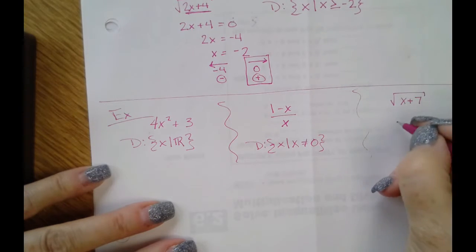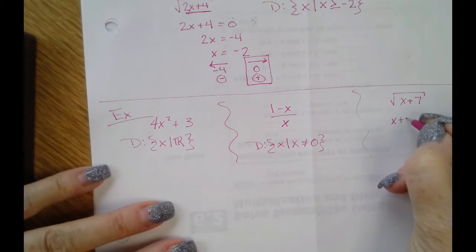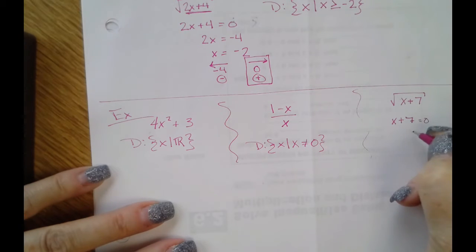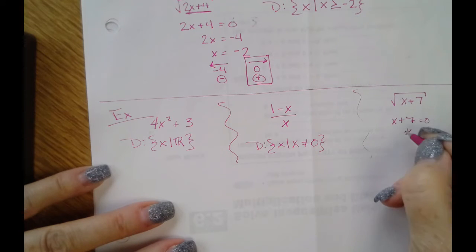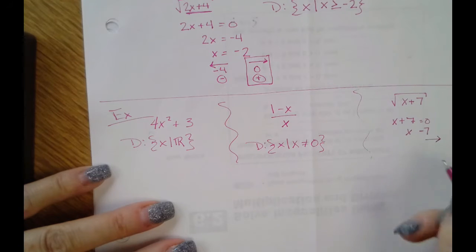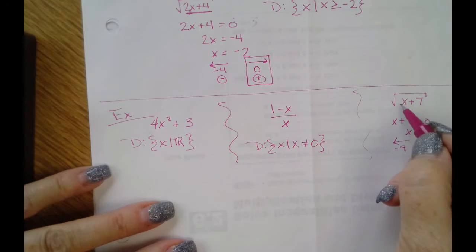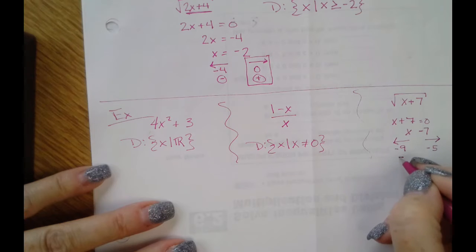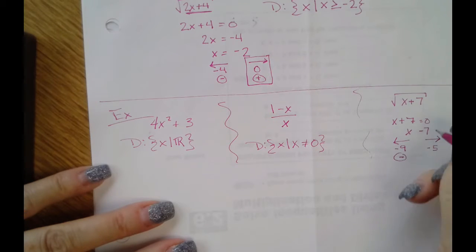So greater than negative 7 is negative 5, less than would be negative 9. So plug in negative 9, minus 7 is a negative. Don't want a negative. Plug in negative 5, plus 7 is a positive. So again, I want these greater than numbers. So my domain is going to be x such that x is greater than or equal to negative 7.